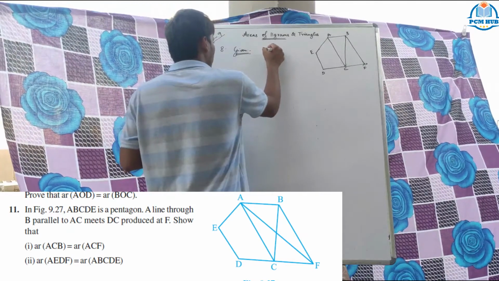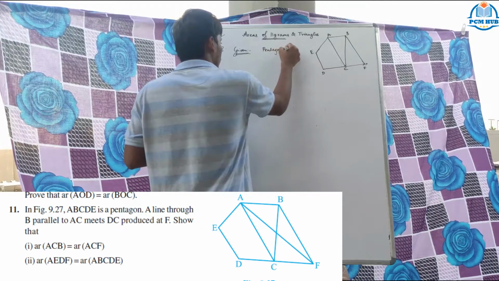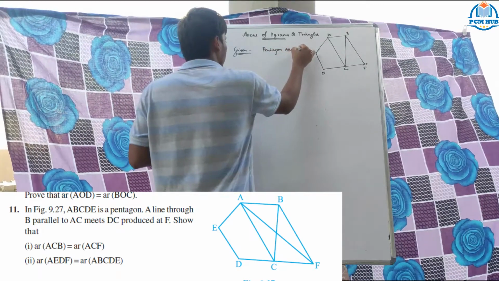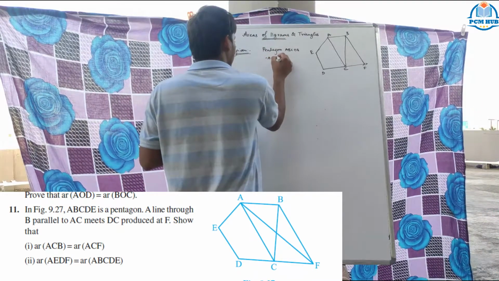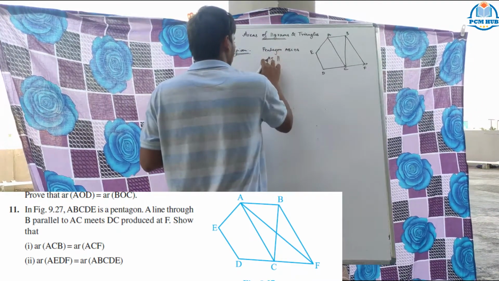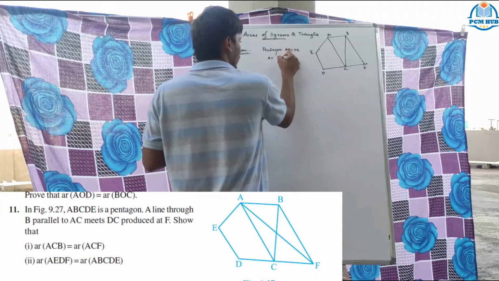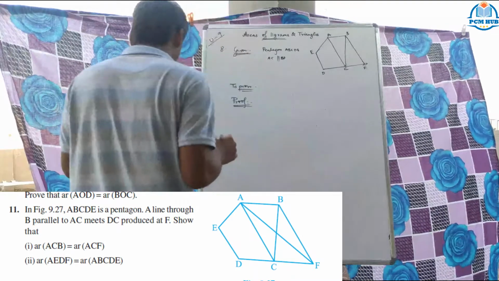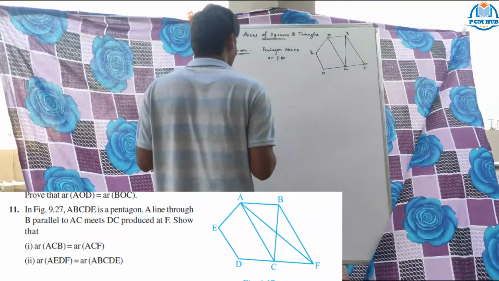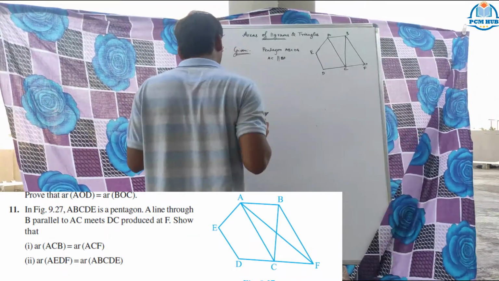Therefore, you will write pentagon ABCDE and AC is parallel to BF. That's what you need. None other is required.